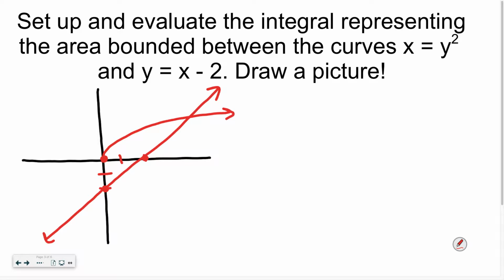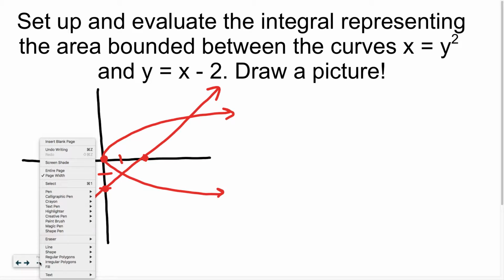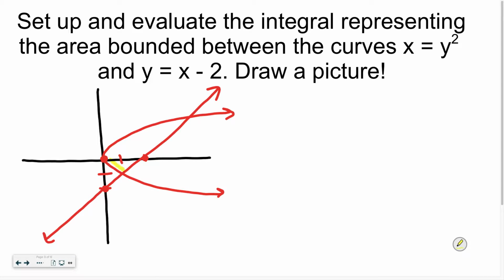So the graph looks the same. I just needed to redraw it. Same exact graph. Should our answer be the same? Yes, it should be.